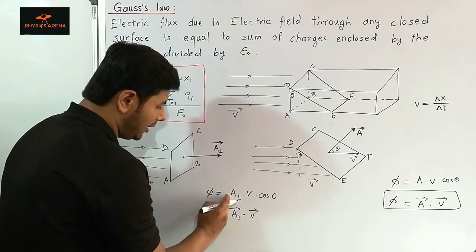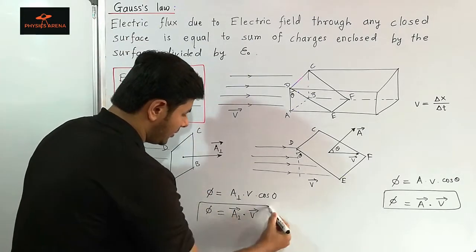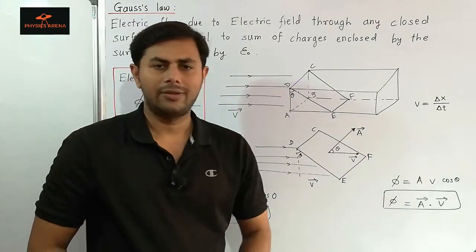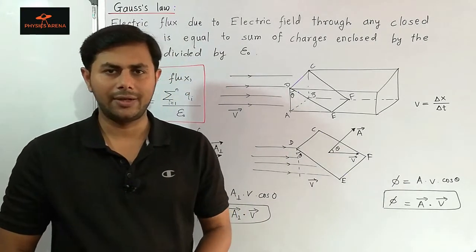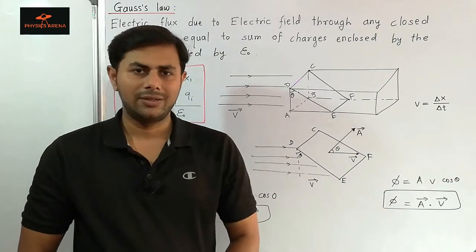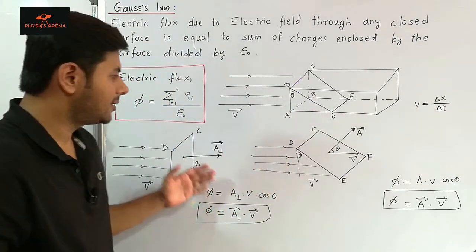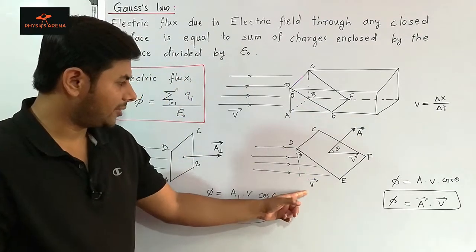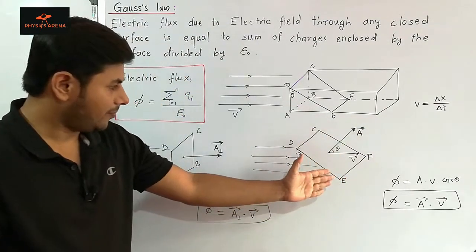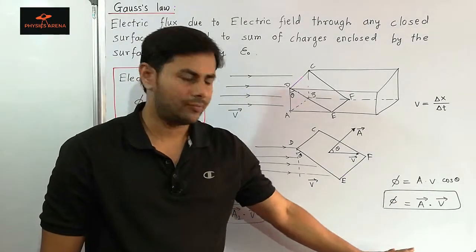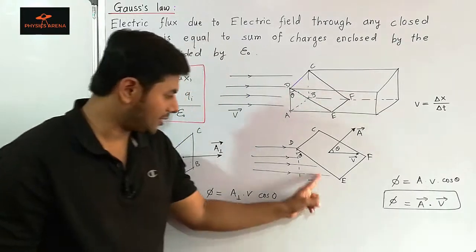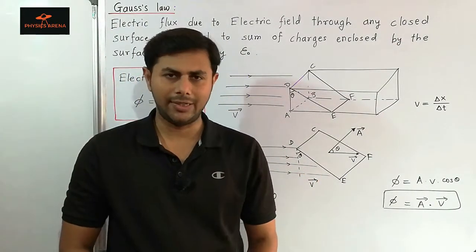So this is just A perpendicular multiplied by V. So in this way, if we consider an area to be a vector quantity, then we can represent the flux of a vector, let's say V bar, through a surface area as the dot product between the area vector and the vector whose flux we are finding out.